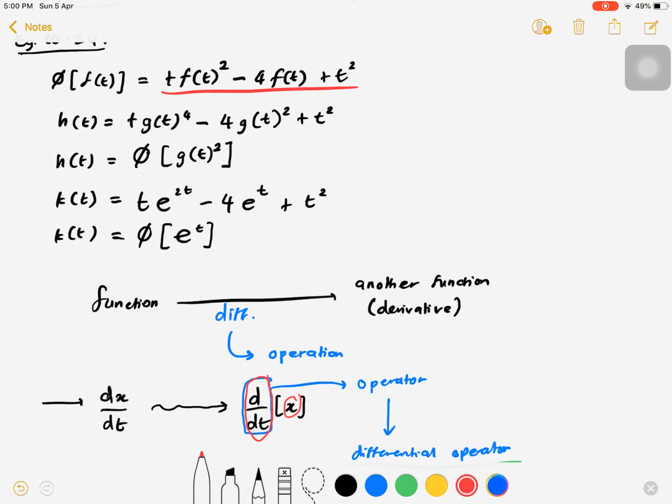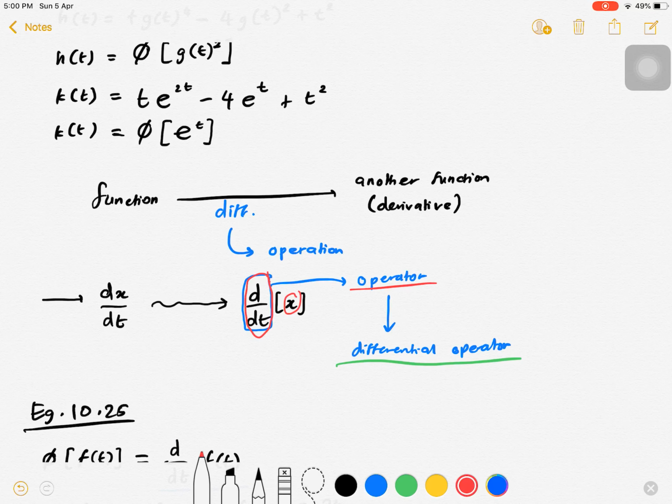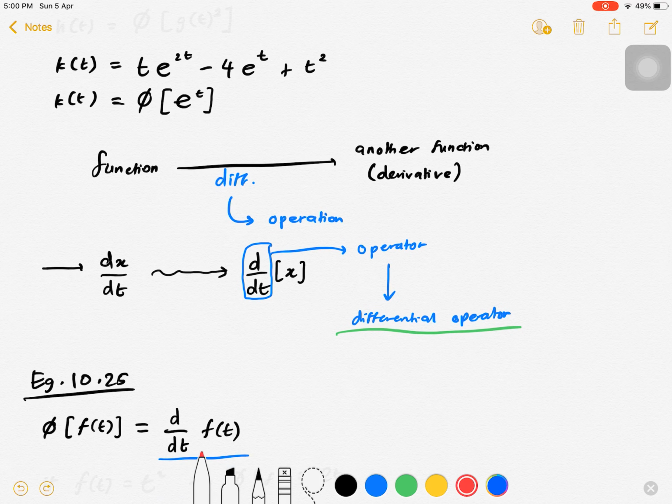So we can call it an operator. And in this particular case where differential is involved, we call it differential operator. Not just an operator, but differential operator, because it involves the differentiation process. Okay, that is differential operator.